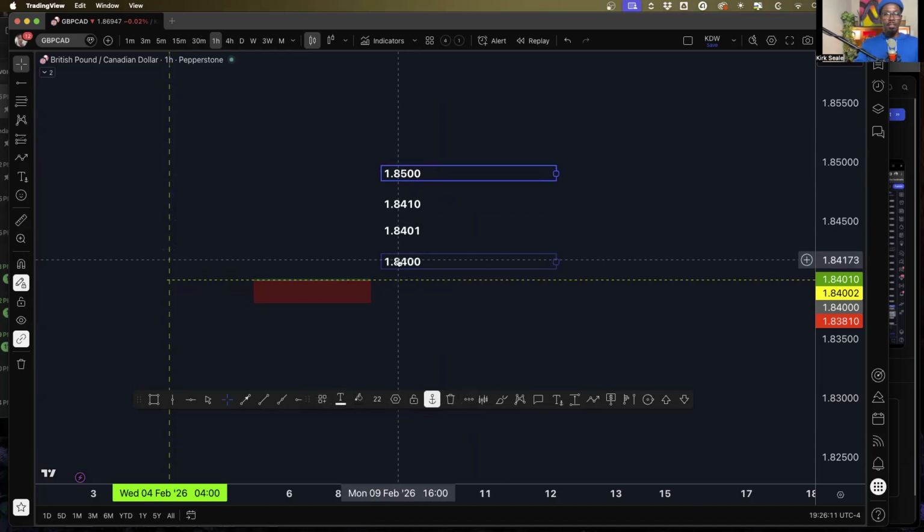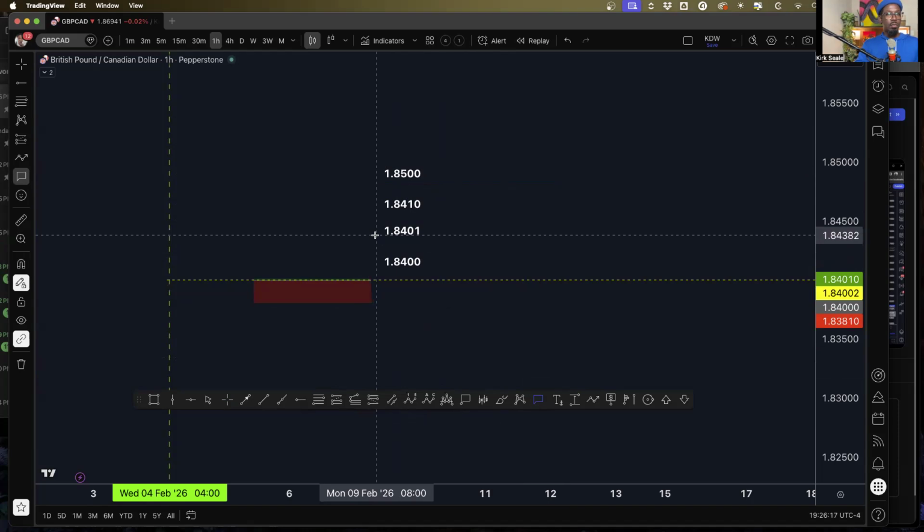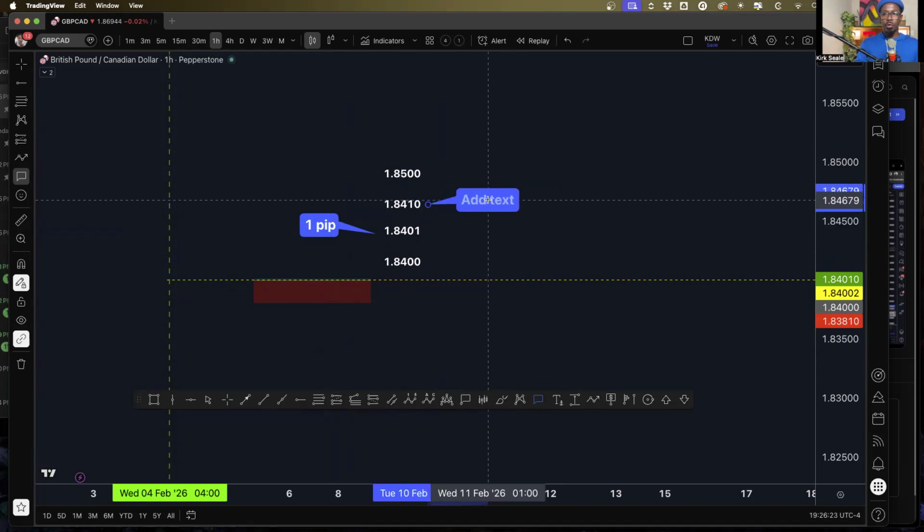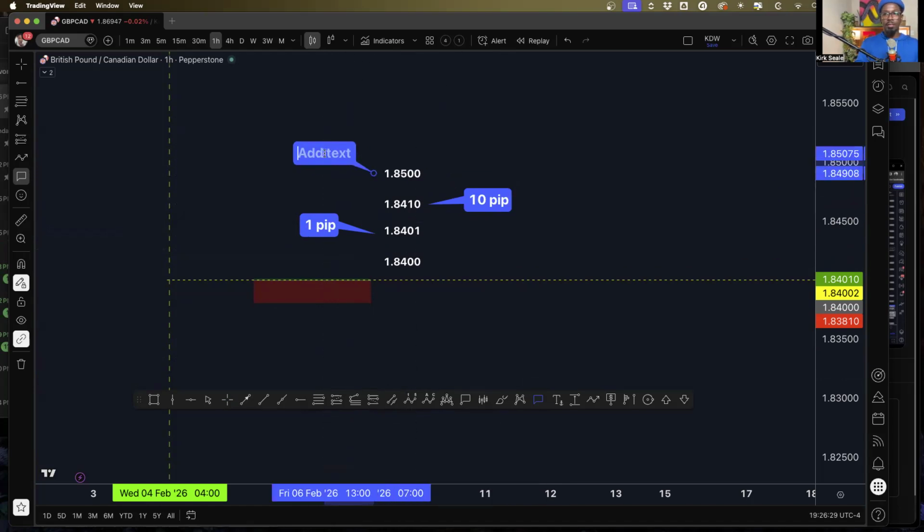From 1.8400 to 1.8401, that is 1 pip. 1.8410, 10 pips. 1.85, it's 100 pips. Let me know if we're good.